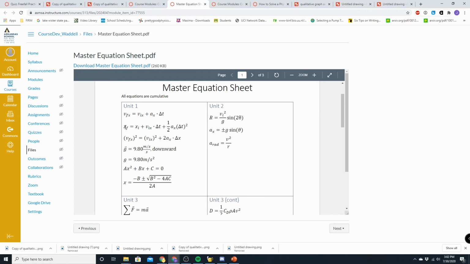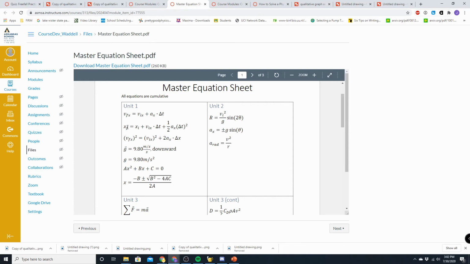Again, y can substitute for all the x's in these equations. You could find VFY by solving this equation as well. We know the delta y, we know AY, and we know VIY. So if you solved this for VFY and plugged it into the first equation, you would get a solution.